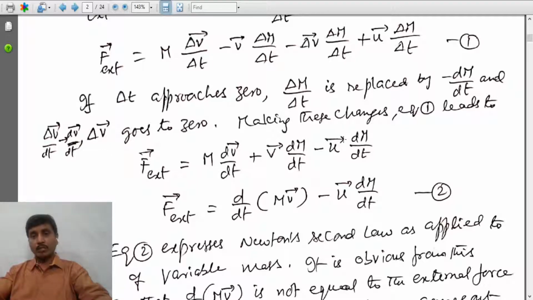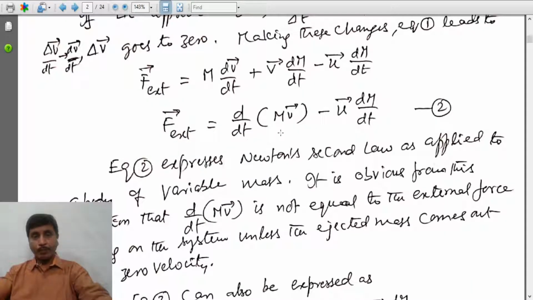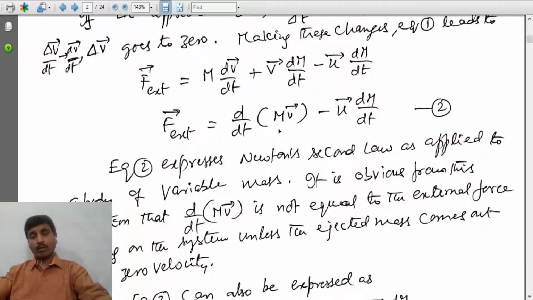Making these changes, equation 1 leads to F bar external is equal to m into dv bar by dt plus v bar into dm by dt minus u bar into dm by dt. This can be simplified as F bar external is equal to d by dt of mv bar minus u bar into dm by dt. Here in this bracket m is variable.